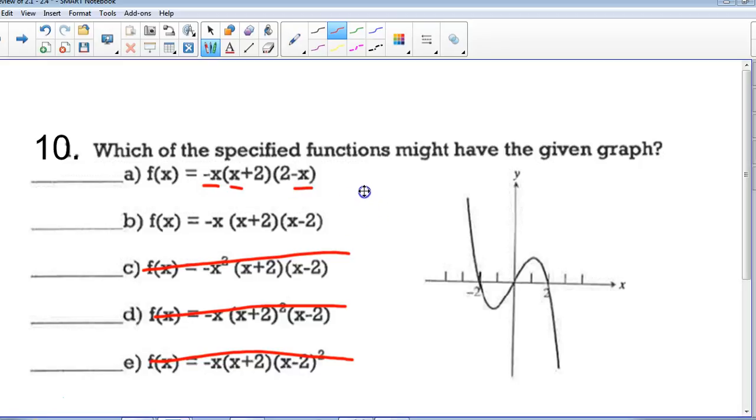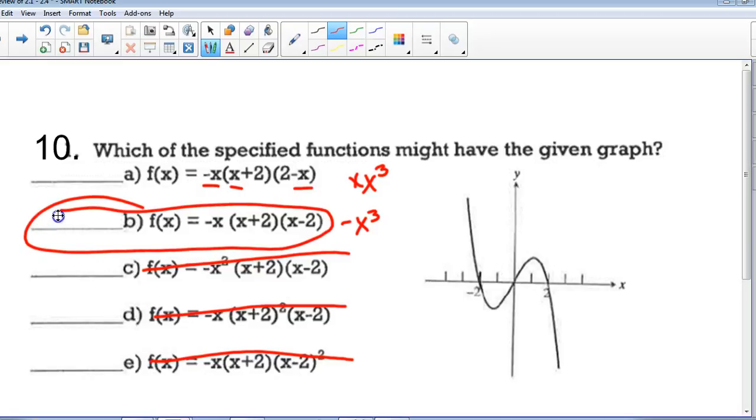If I multiplied all that together, I get what? -x cubed. Oh, yeah, this would be plus x cubed. Thank you. Negative times a negative sometimes is a positive. Positive x cubed, and this one would give you a -x cubed. So which is the right end behavior? Yes, a positive x cubed would come from the bottom. So this is the only one that has the right zeros and the right end behavior.